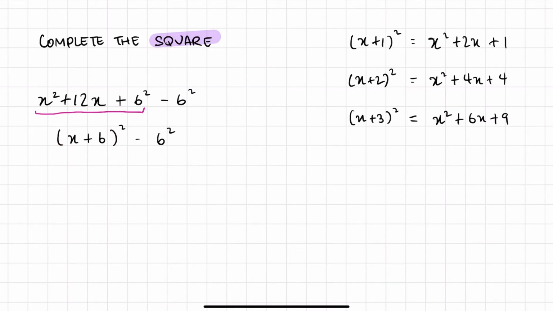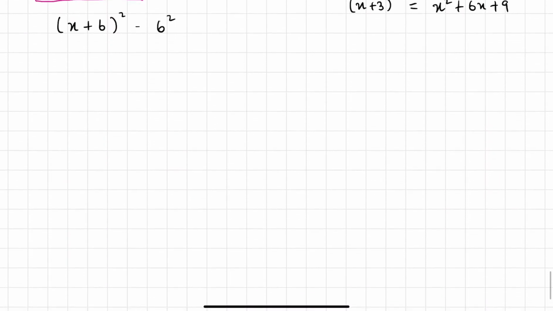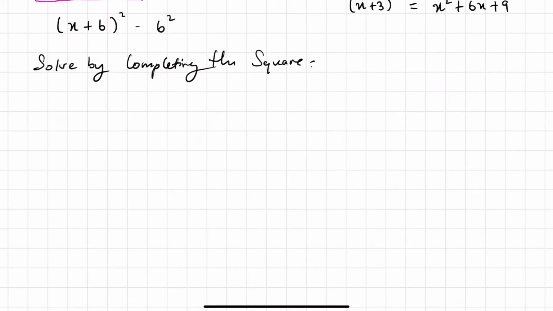Okay, now what does that look like in an equation? So in an equation, if the question says solve by completing the square, and they give you something like x squared plus 6x equals 91.